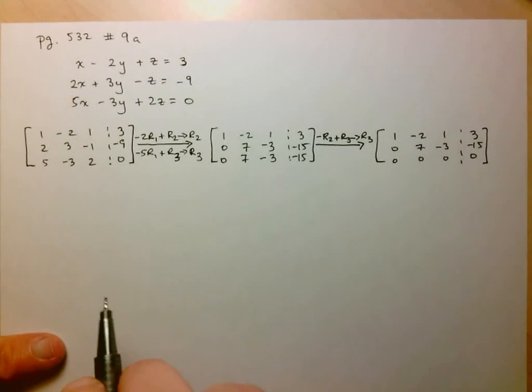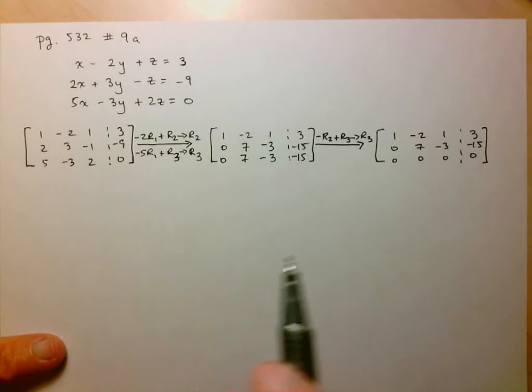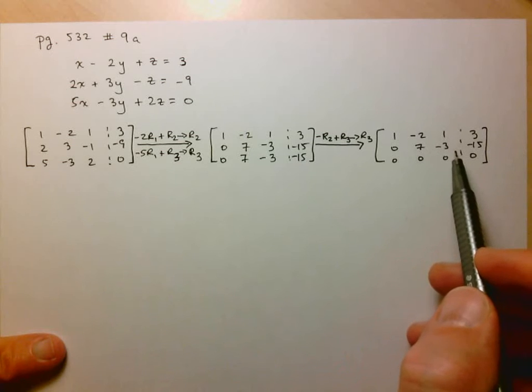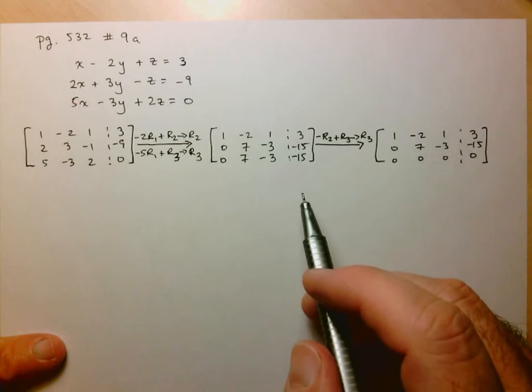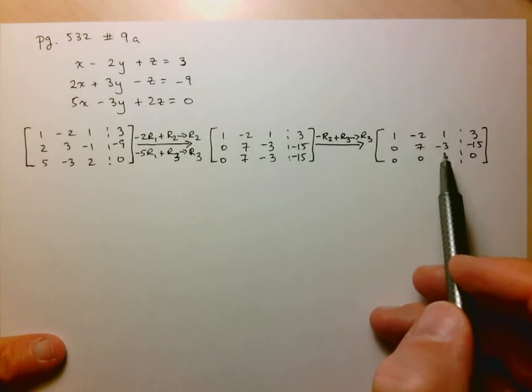The question is what scenario is it, which we'll talk about in a second, but now we still have to give the solution. Now that we know that there's going to be these infinitely many solutions, how do we actually state it? At this point I could keep going to what's called reduced row echelon form, to try to get a 1 and a 1 here, and then zeros everywhere else.